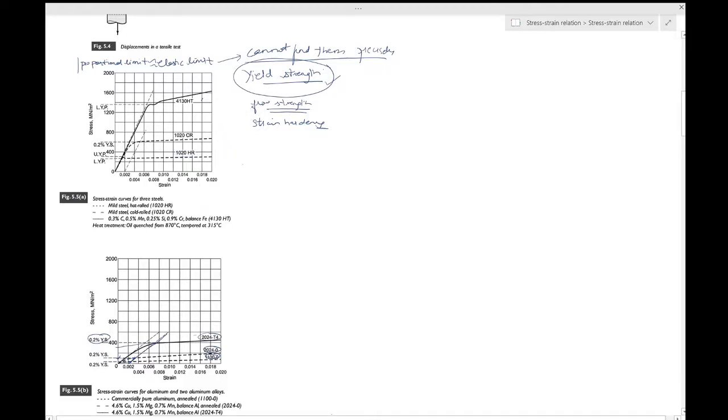So this is our steel, 1020 CR steel, and look at its curve. This is this dashed line, goes all the way. Now this is for 1020 CR.